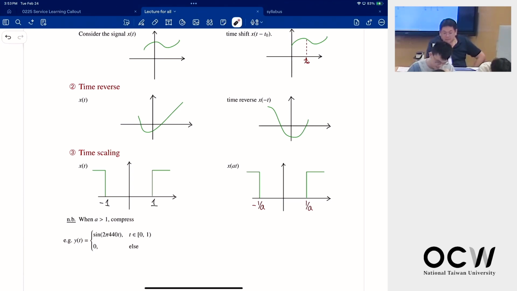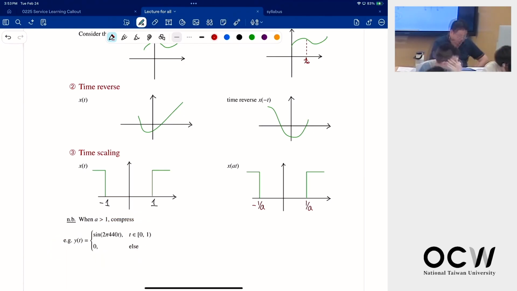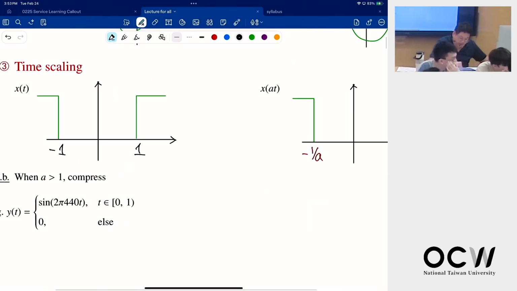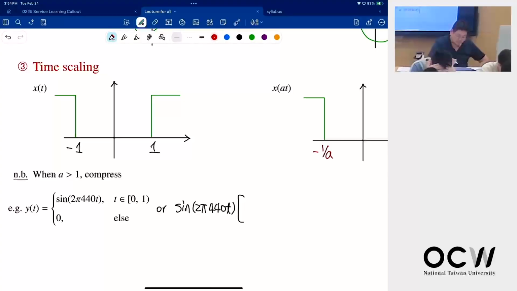Let me show another way to express this using the Heaviside function. Hold on. So this is equal to sine 2 pi 440 t, times u of t minus u of t minus 1.